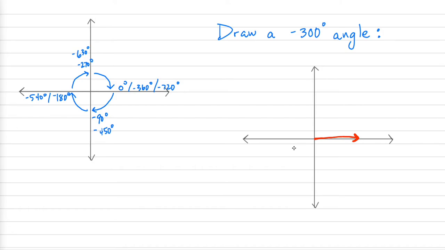Where is it going to end up? Like the top right. Perfect. That's a good explanation. So you would rotate 90, 180, 270, and then it's only going to be 30 degrees more and end up right there in the upper right-hand quadrant. If you guys remember, that's quadrant 1.